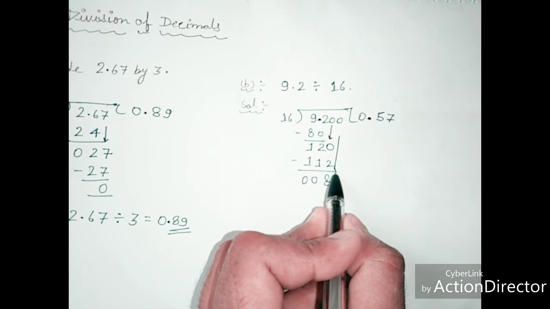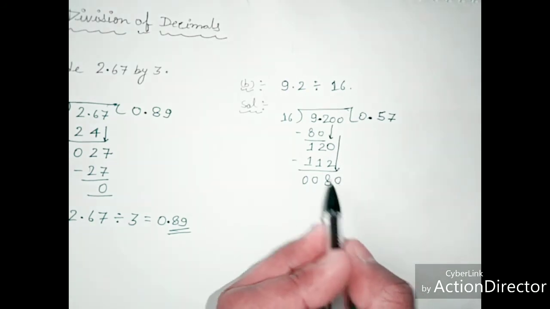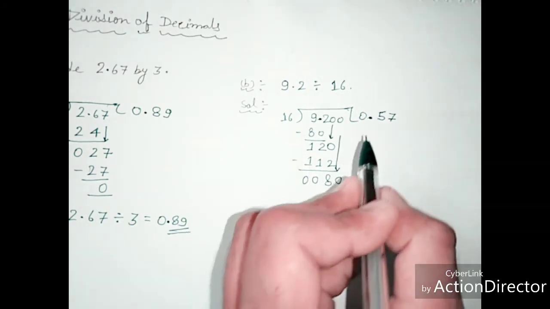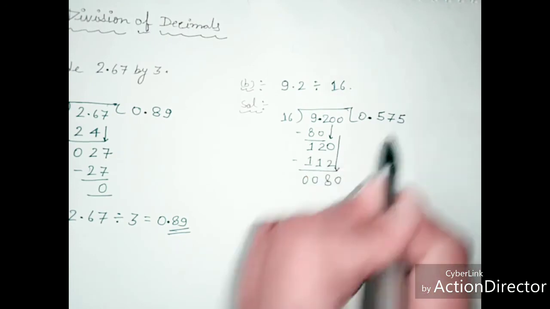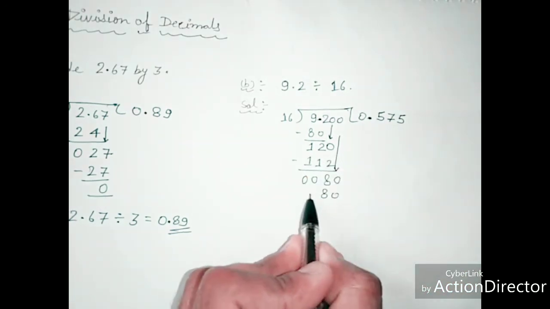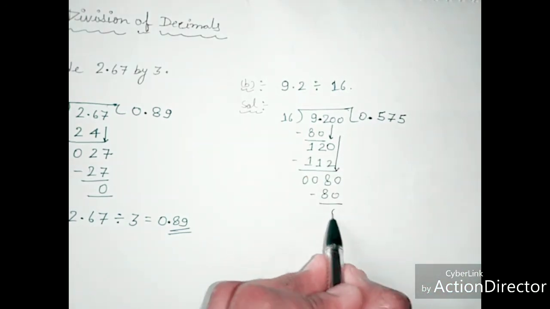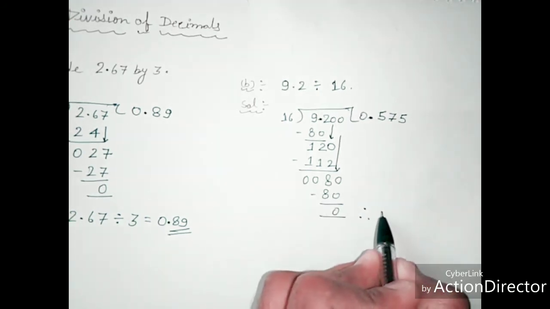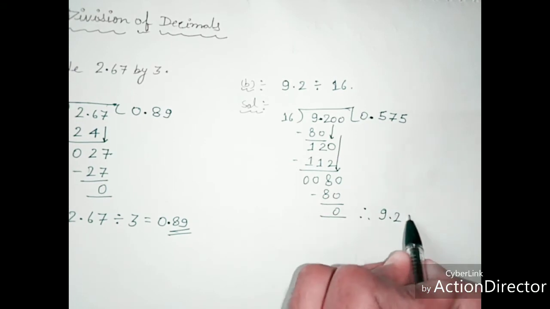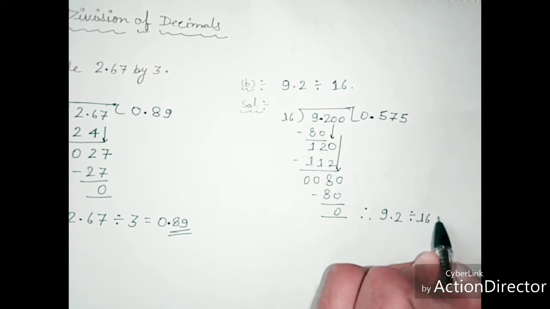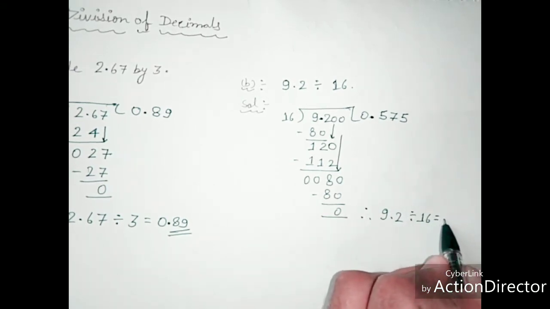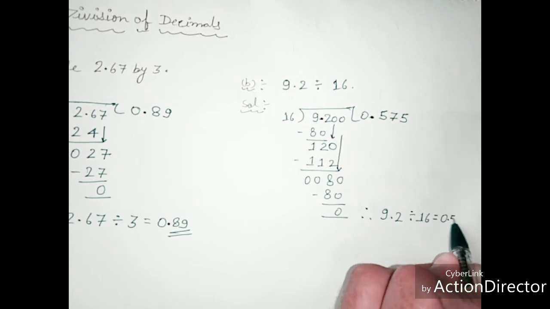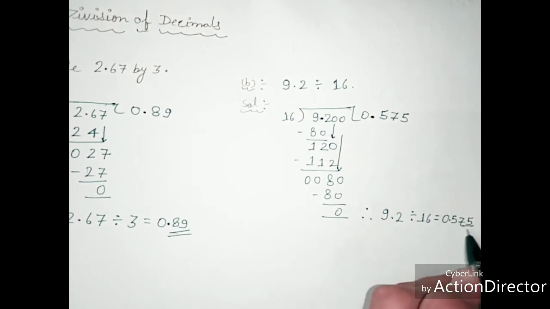Then we take another 0 here, then we get 80, and 16 5s are 80. Therefore when we divide 9.2 by 16, we get quotient 0.575.